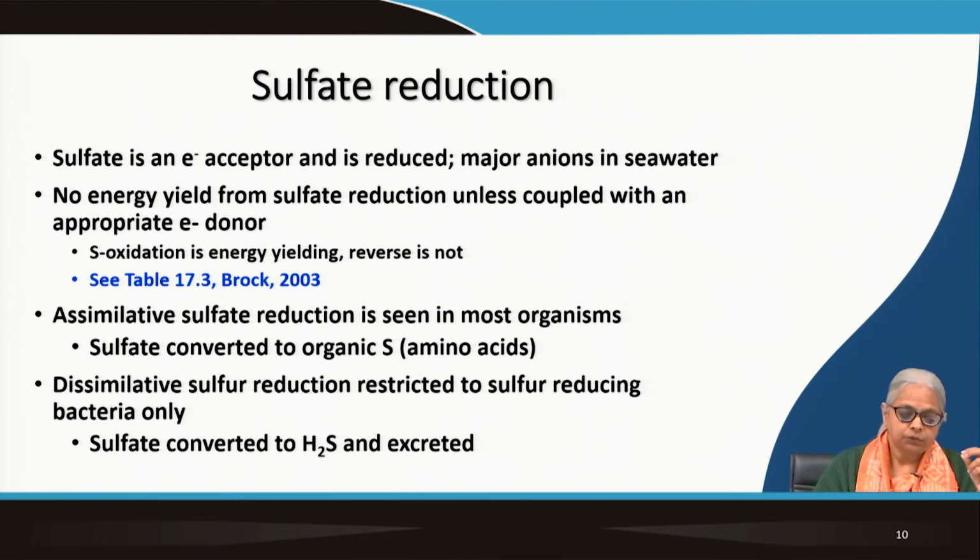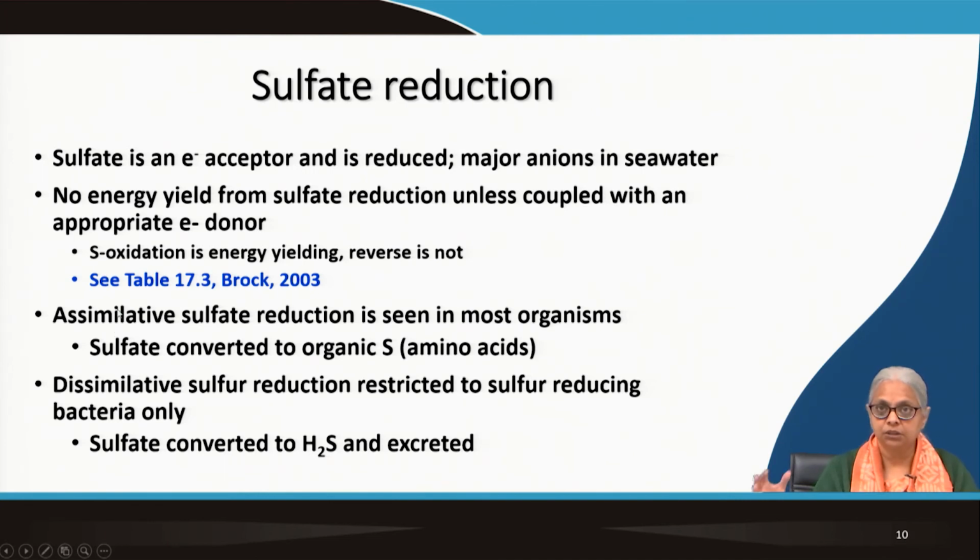Assimilative. Now there is another thing that I need to talk about, and that is assimilative versus dissimilative sulfur or nitrogen reduction, oxidation, all of that. Assimilative means where the element is taken up as an organic compound.